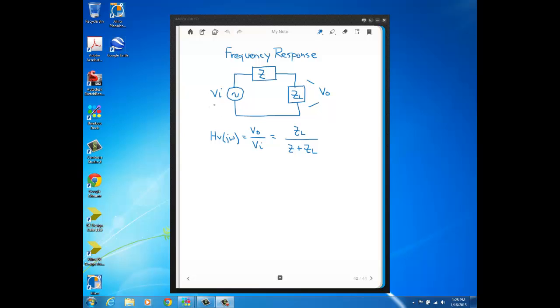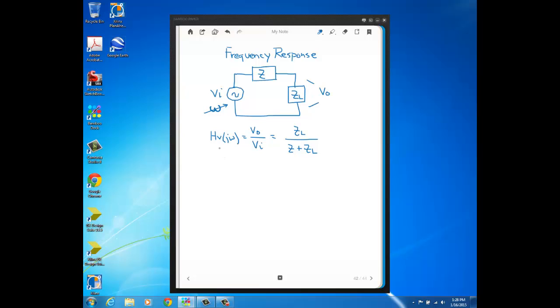So this AC source over here, VI, has a frequency that can be varied, and often we want to see how the voltage and current in that circuit vary along with that source frequency.